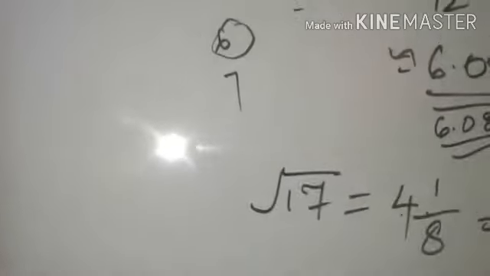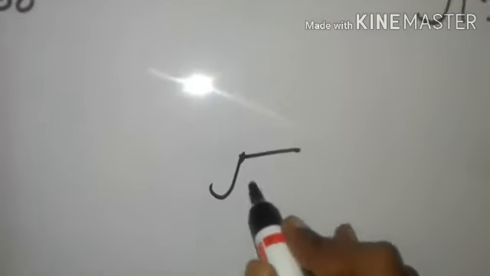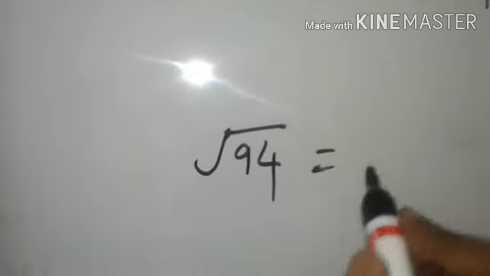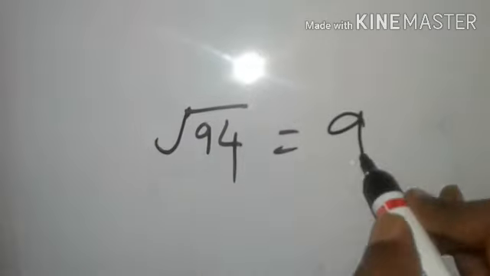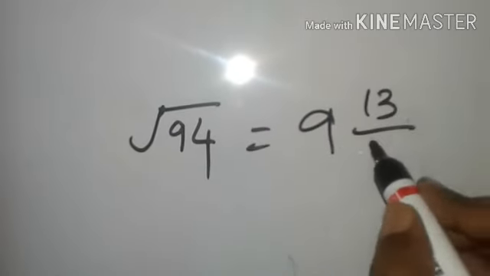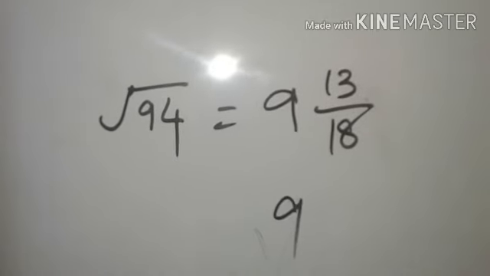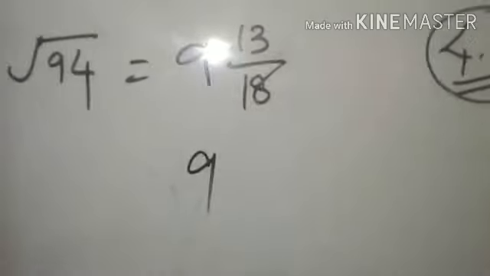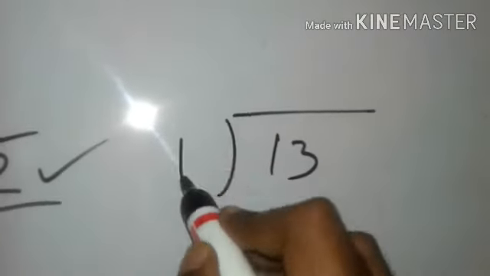Okay, so let's extend this further and find the square root of 94. 9 9s are 81, 10 10s are 100, so it is 9, with remainder 13, divided by double of 9, that is 18. So 9 and 13 by 18. If you want it in decimal form, just find 13 divided by 18.